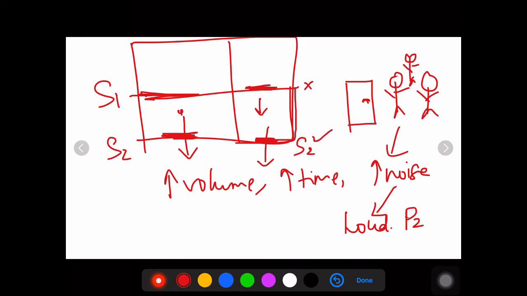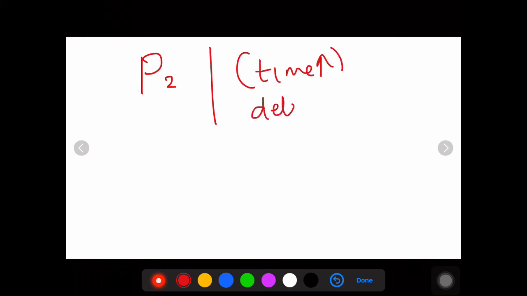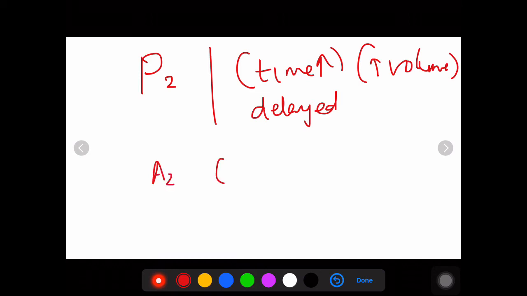Technically, more time is taken by more volume. Whenever the pulmonary valve is going to close, it's going to take a lot of time, so it's going to be delayed. On the other hand, A2, the aortic valve, is going to take very little time. You know why?